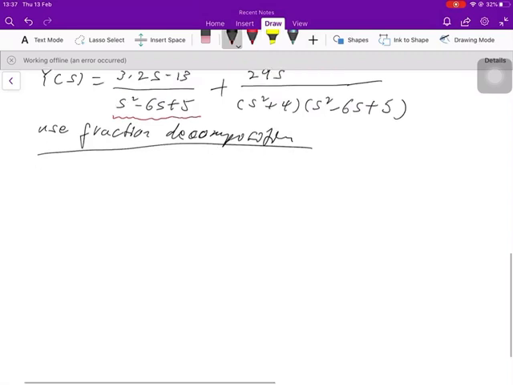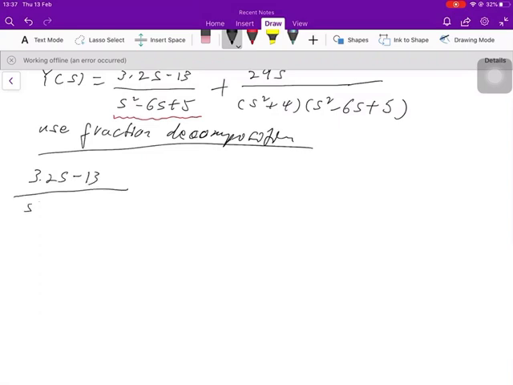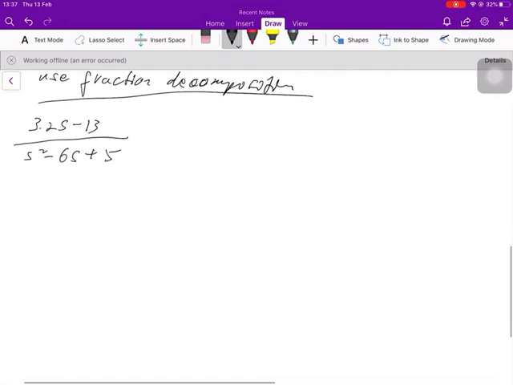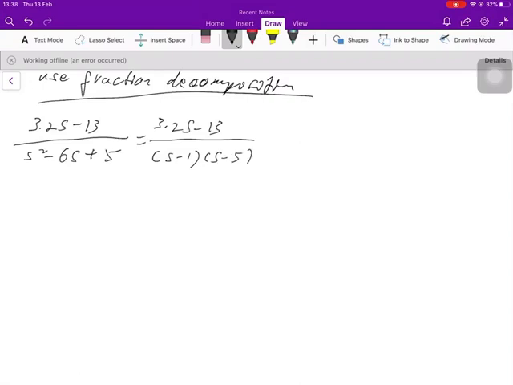We have 3.2s minus 13, divided by s squared minus 6s plus 5. We can factor the denominator, and we have s minus 1 times s minus 5.